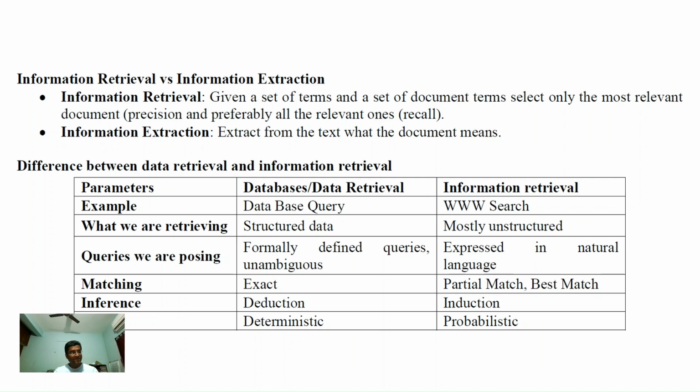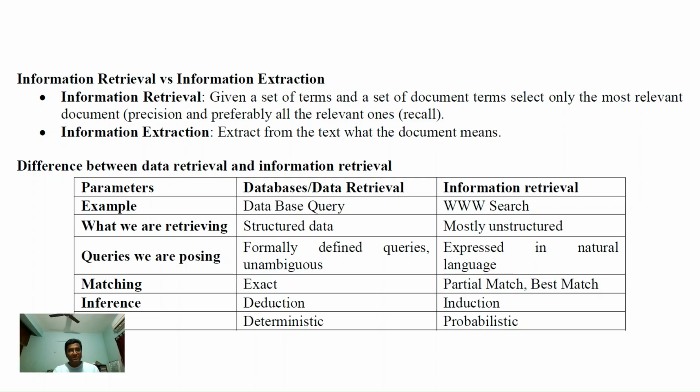Under the parameters, what we retrieve under data retrieval is structured data, and under information retrieval it is mostly unstructured.